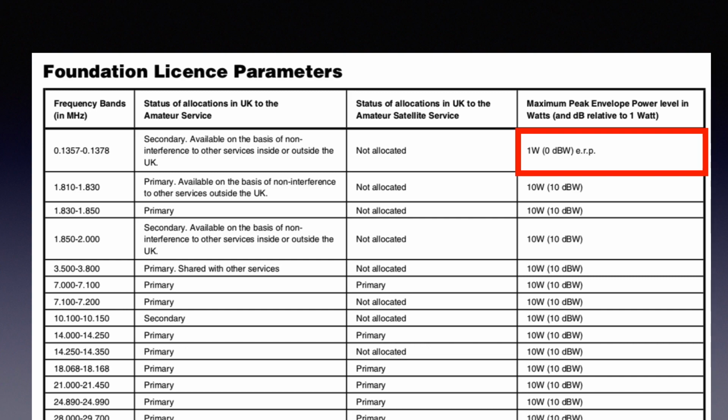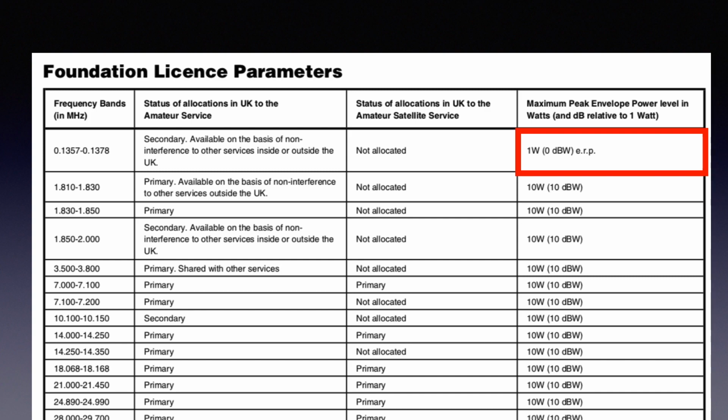you're allowed to emit. Now, in the exam, they differentiate quite clearly between 1 watt ERP, which is effective radiated power, and 1 watt. So the question might be, for this frequency band, 0.137 to 0.1378, what is the maximum power you're allowed to radiate?